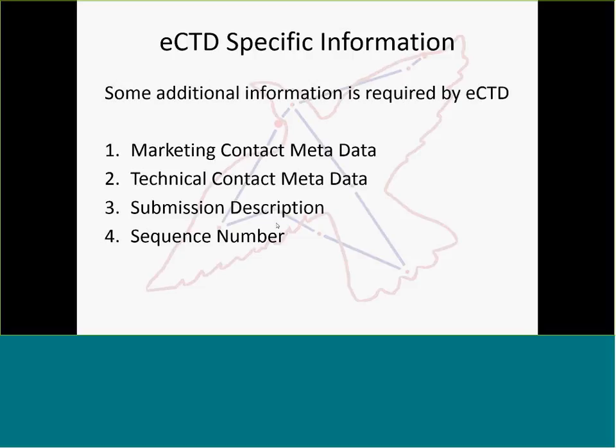FDA was concerned about running out of sequence numbers in the application. That was resolved by allowing multiple pieces to be submitted at one time, and they did an assessment and decided it would be very unlikely anyone would use up their sequence numbers in the lifespan of a product.